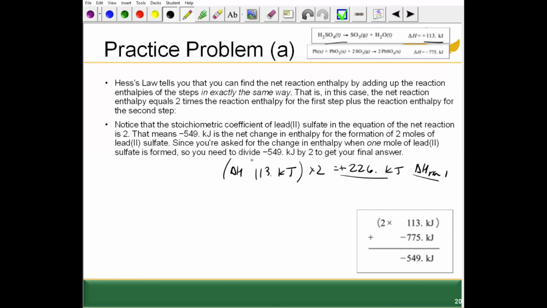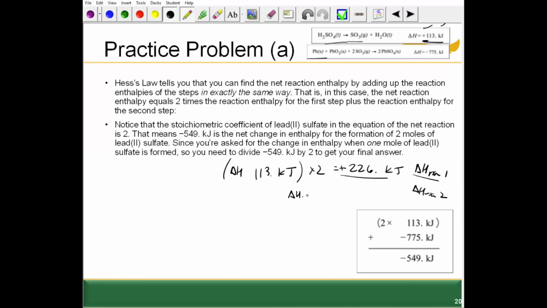If we were to reverse the reaction, we would need to change the sign to the opposite. If this was positive and we reverse this reaction in order to cancel out sulfur trioxide, we make this delta H now the negative version of that number. Then for reaction number 2, delta H of reaction number 2, we didn't do anything to this one, right?